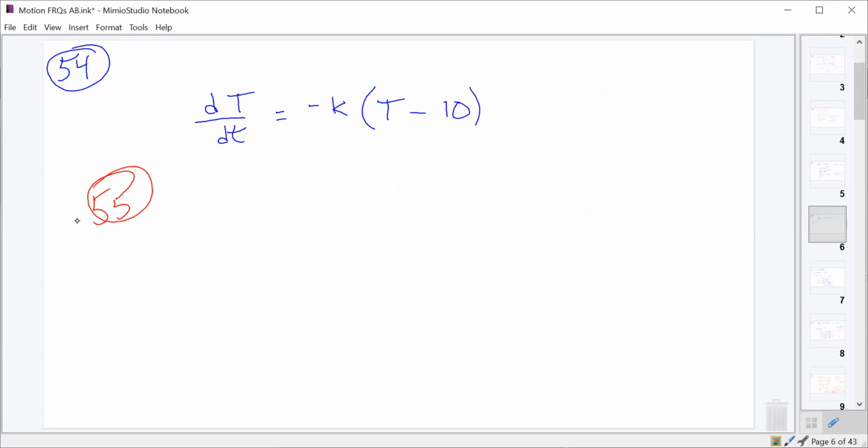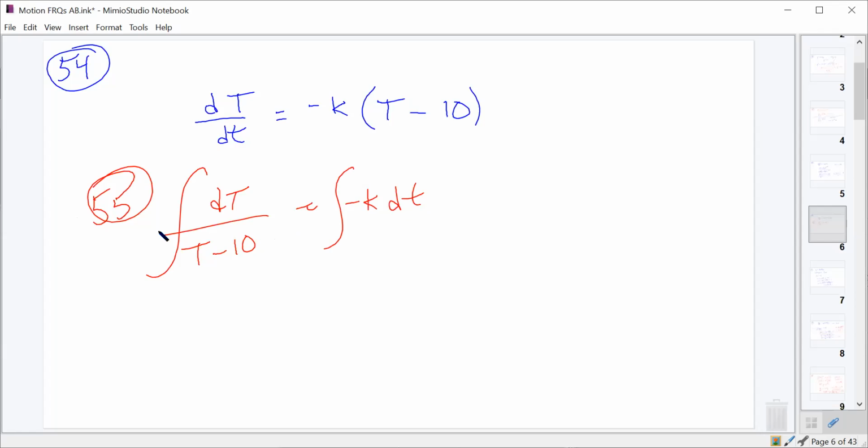We want to have an equation to represent its temperature in degrees Celsius. So we know that the temperature of it should be following this equation. So we should be able to solve this differential equation. So this should be dT over T minus 10 equals negative k dt.